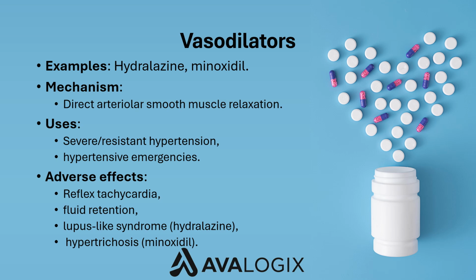The downside of potent vasodilation is reflex sympathetic activation, increased heart rate, increased renin release, and fluid retention. This is why vasodilators are often combined with a beta blocker and a diuretic. Hydralazine can cause a lupus-like syndrome, especially in slow acetylators, and minoxidil can cause hypertrichosis, excessive hair growth.